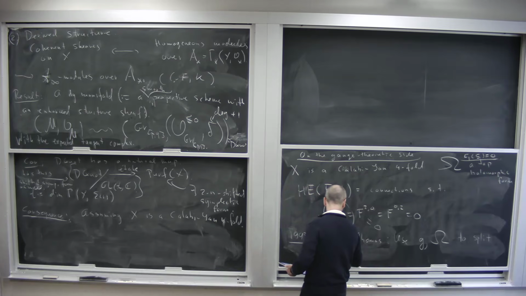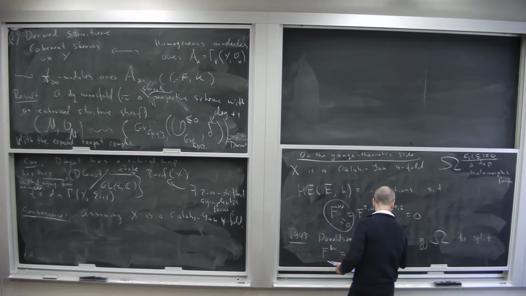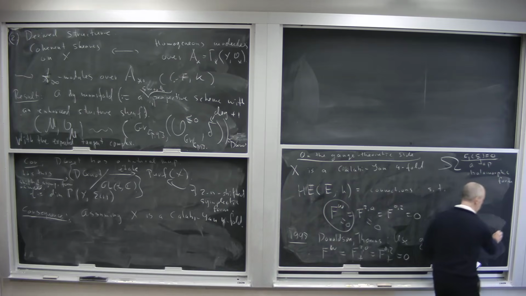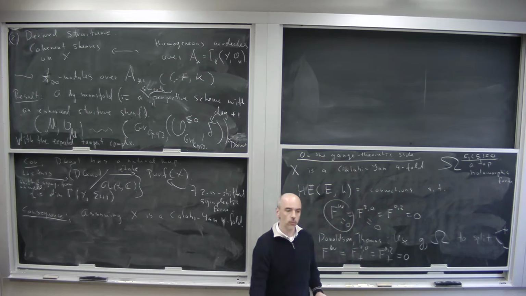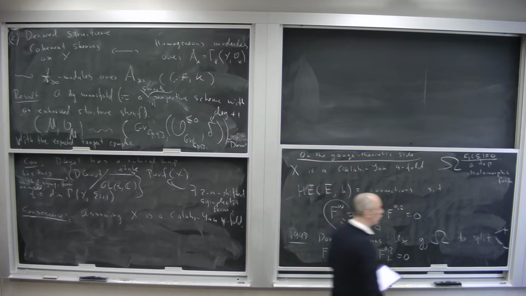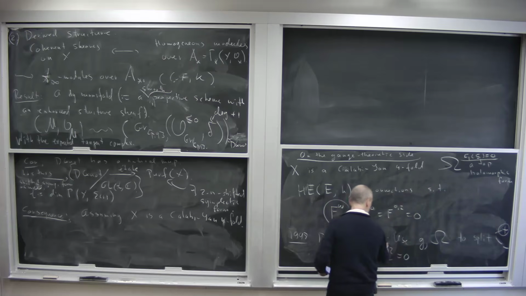F^{2,0} = F^{0,2} = 0, and the part F·ω. So the split into self-dual and anti-self-dual connections. So the curvature takes part in the self-dual and anti-self-dual parts of the 2-forms, and then we take only half of the curvature, namely this one, not quite half.